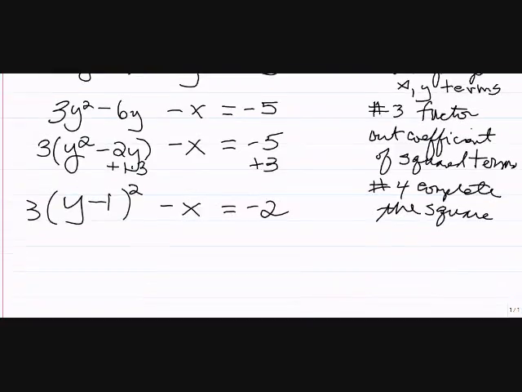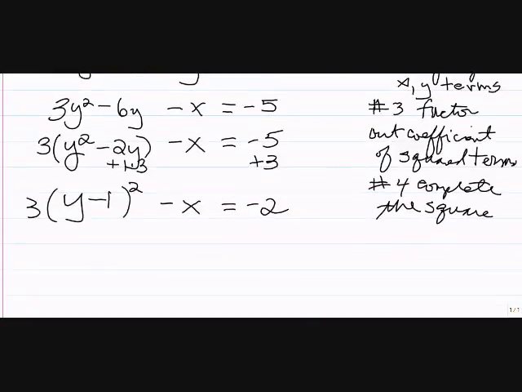Now, when I changed y squared minus 2y to a perfect square, I needed to add 1 back in, because I want it to be equal to y minus 1 squared.